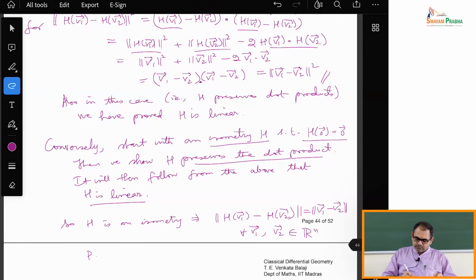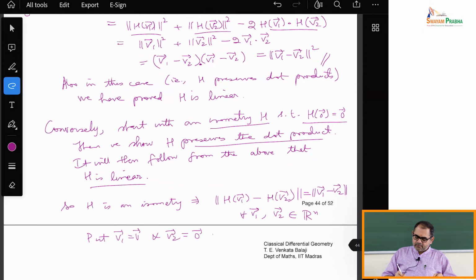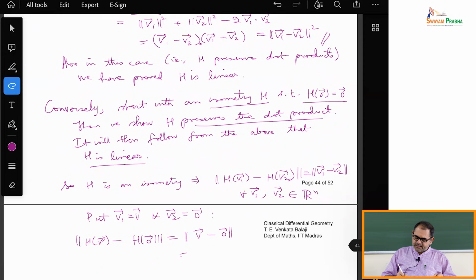Then what will happen is norm of HV minus H0 is equal to norm of V minus 0, and the right side is of course norm V. Okay, but on the left side you use the fact that H of 0 is 0.